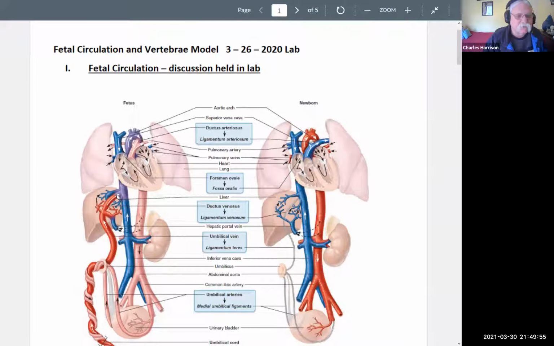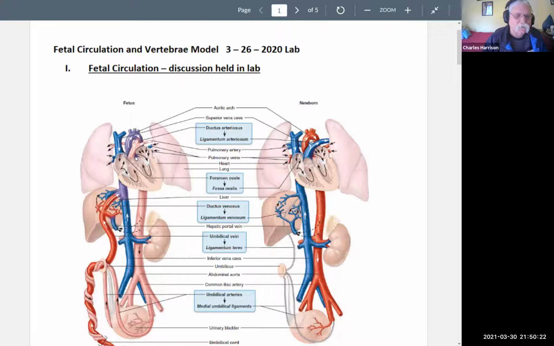We have a second opportunity. Coming in from the ductus venosus through the liver to the vena cava, the blood from the placenta goes to the right atrium. But instead of now going downward to the right ventricle, there is a hole between the right atrium and the left atrium.